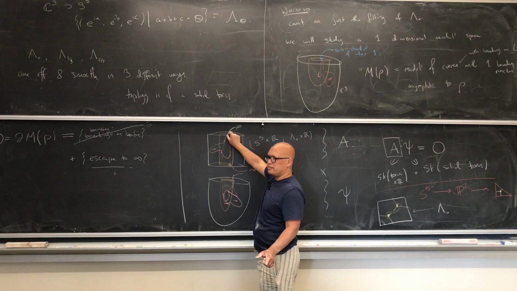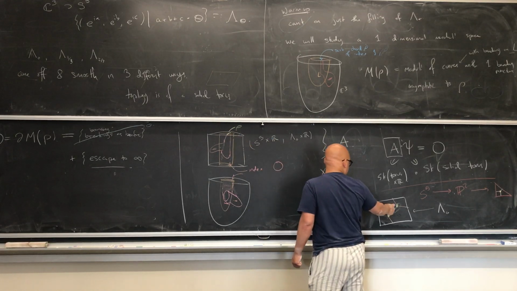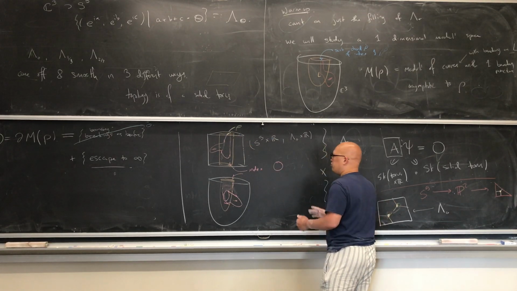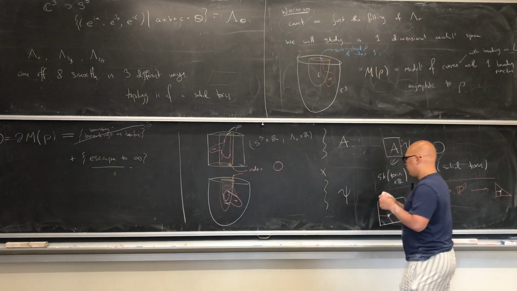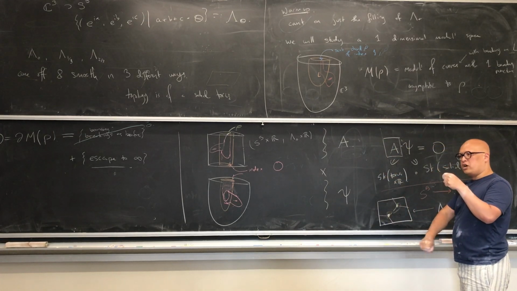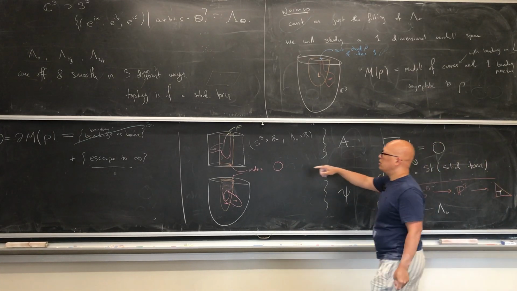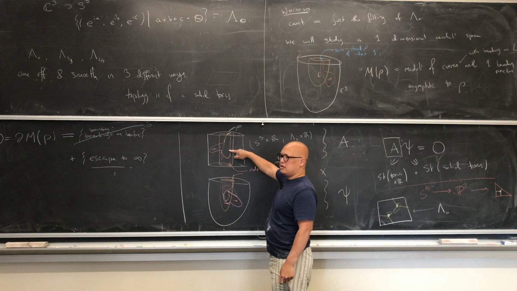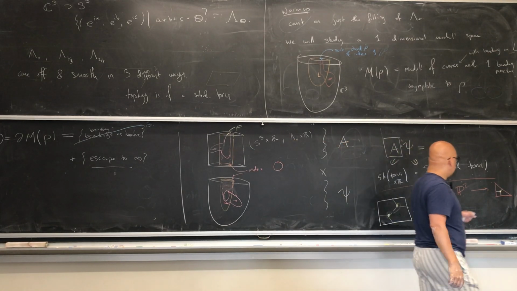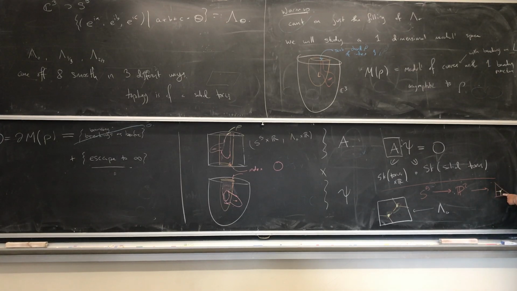That's 2 points on the torus. And then these orange curves are the projection to the torus of a curve in the torus times R, which is the boundary of one of these guys. And there's 3 of them because there are 3 such guys.